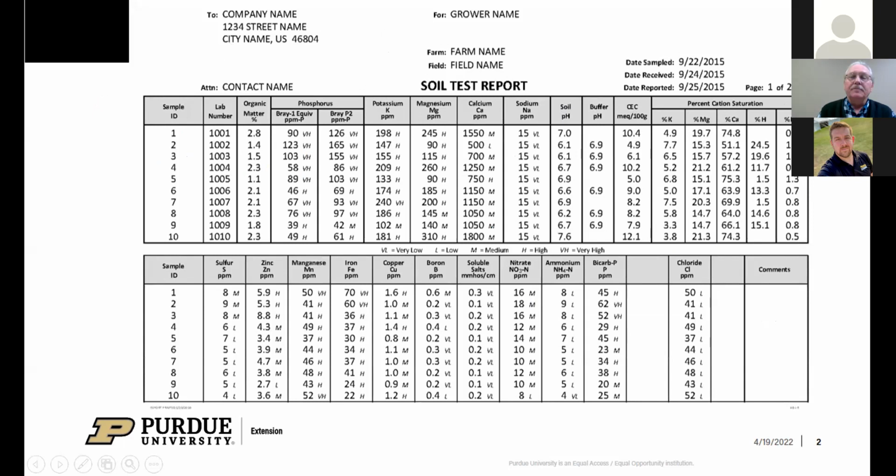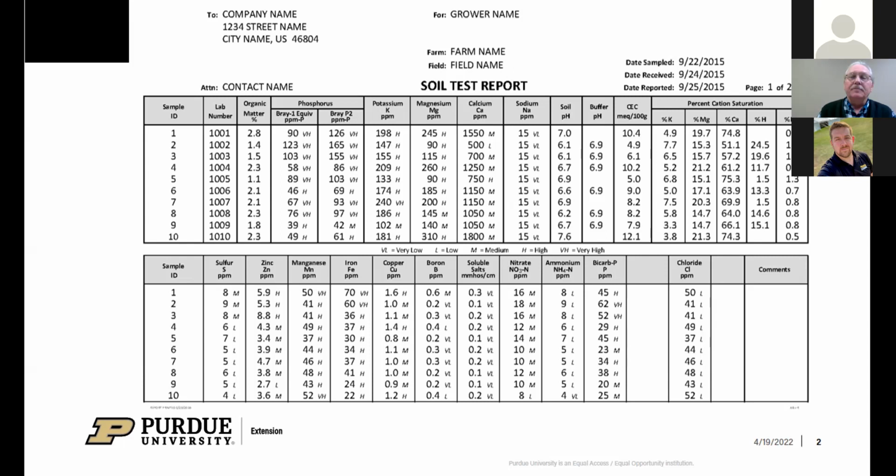Those are going to be the most helpful to somebody in a small farm situation, a lawn and garden situation, somebody that's just trying to manage their soil fairly well. When you really get into all the sciencey stuff of the soil, that's when all these other numbers come into play.